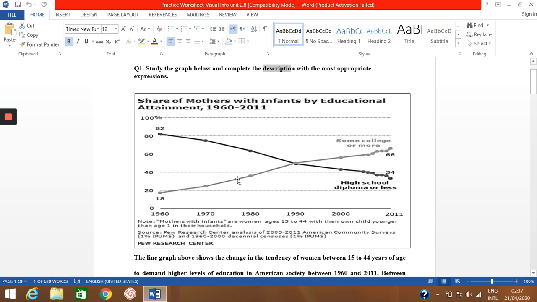And the gray line graph here tells us about the share of mothers who have a college degree or more. I mean, whether it's a master's degree or a PhD degree or whatever. So this is as far as the two graphs are concerned here, because since there is no legend, you need to understand why there are two graphs here. So this is the first step.